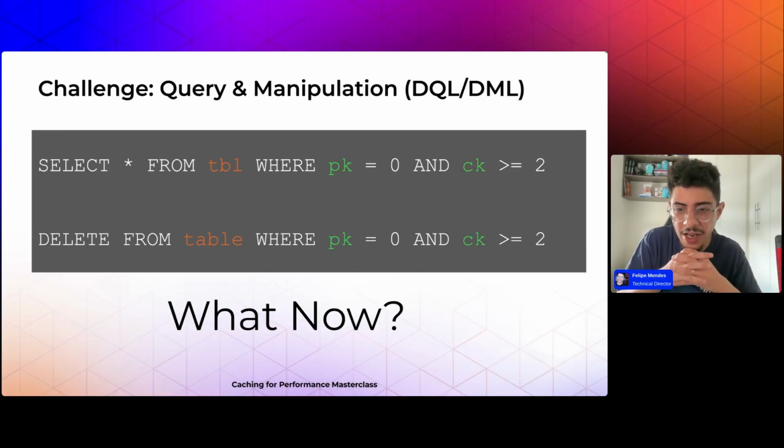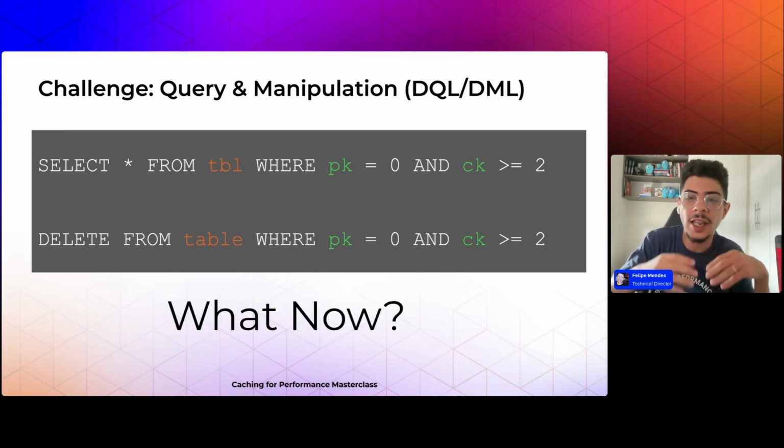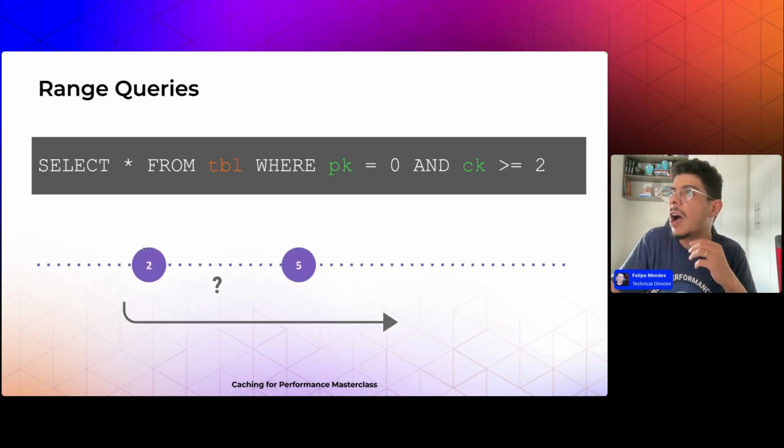One particular challenge I'd like to exemplify here is handling range queries. For example, select all the data from a given user after a given date, or delete all data after a given period of time. How can we represent those open-ended queries, which we call range queries, in the cache?